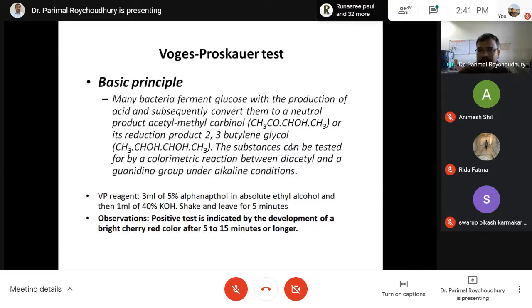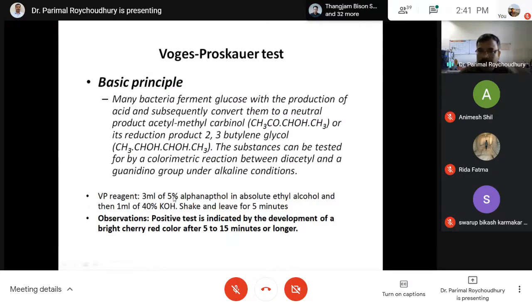So we use the same GPPW, glucose phosphate peptone water. We incubate the bacteria, but in this case we give a little more prolonged incubation, up to 48 hours. After that, we use alpha naphthol solution along with potassium hydroxide. The potassium hydroxide will lyse the bacteria, and these neutral compounds will come out.